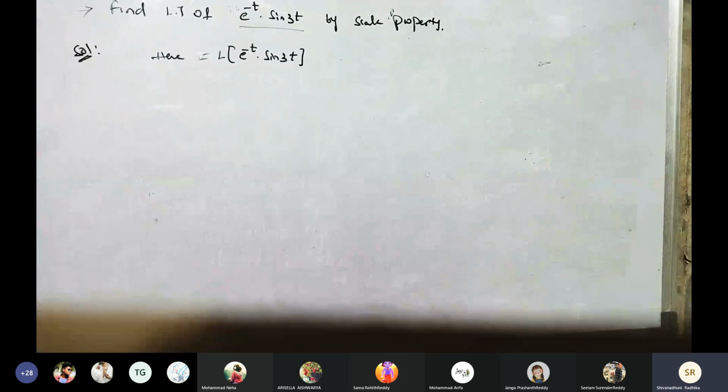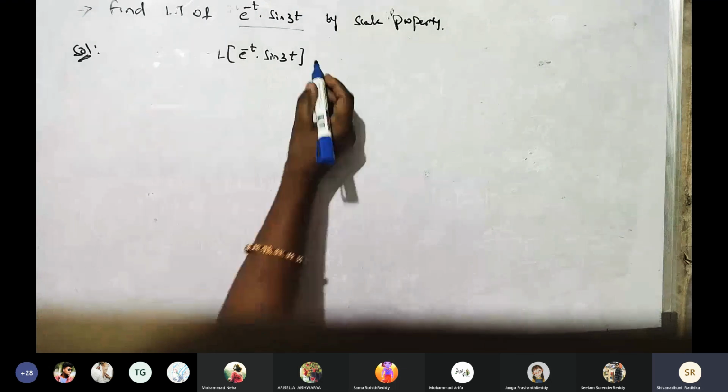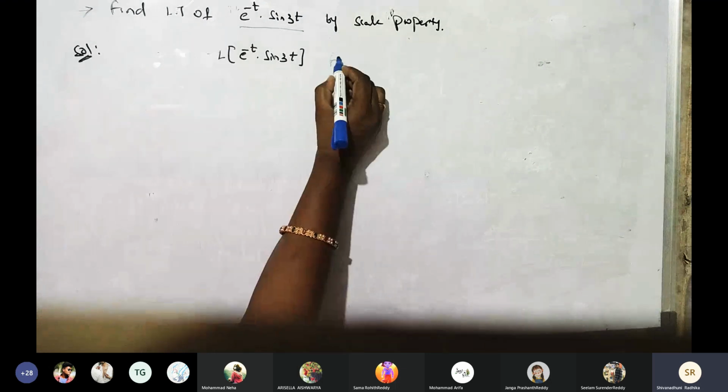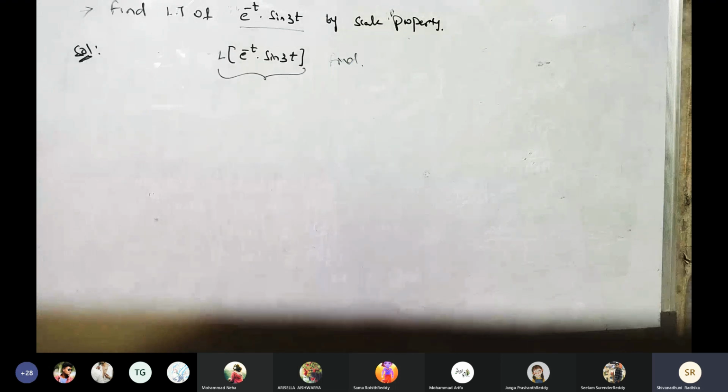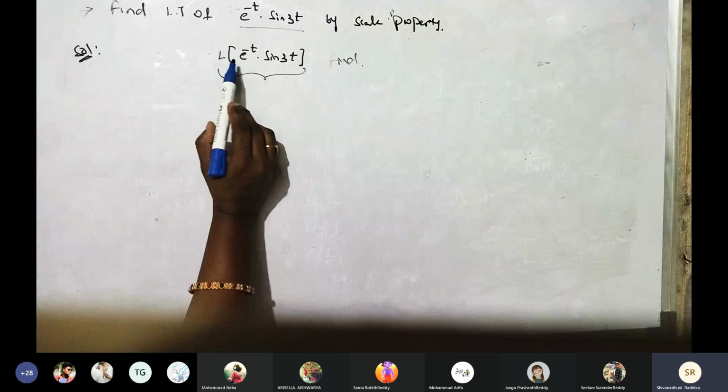Now, here we need to find L of e power minus t into sin 3t. It is clear. In this, we are going to apply the first shifting property, where the function is multiplied with the exponential.